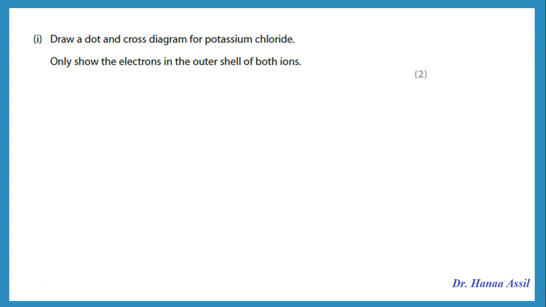Draw a dot and cross diagram for potassium chloride. How do you draw a dot and cross for potassium chloride? Well, that's easy. Remember that potassium has 1 electron in its outermost shell.